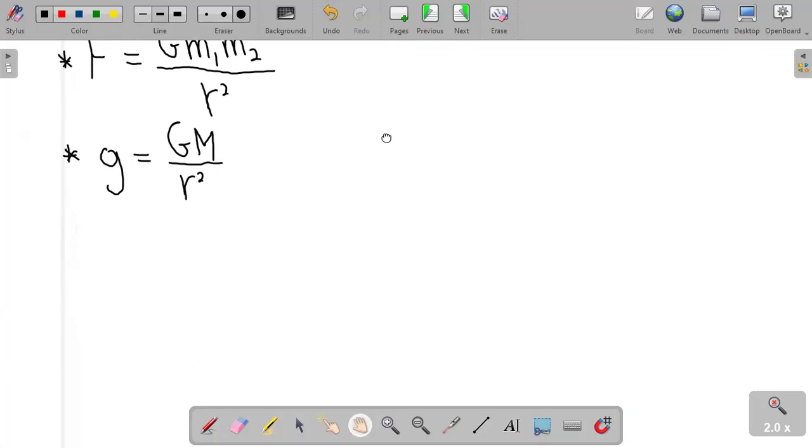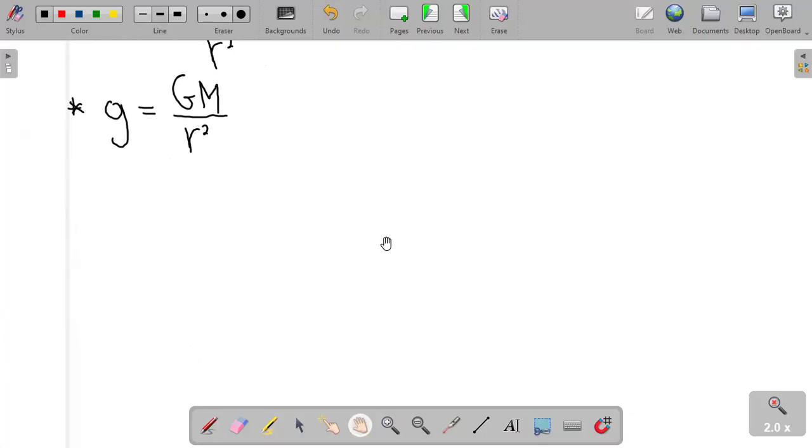The other ones here: we have the one for static friction, Fs max, the maximum static friction.